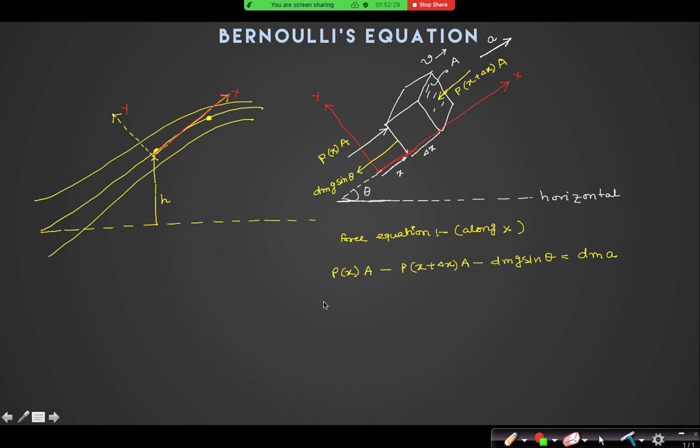Can I write this? So P of x times A minus P of x plus delta x times A minus dm g sin theta equals dm times a.